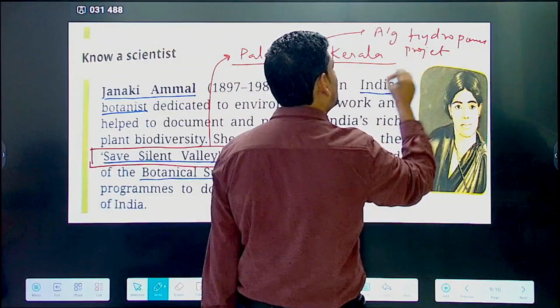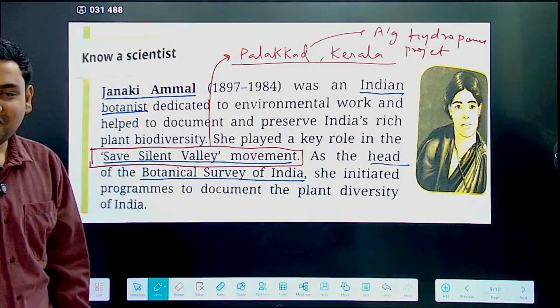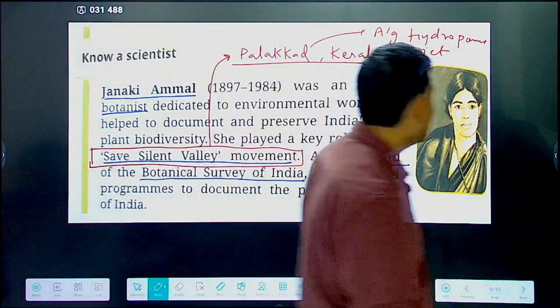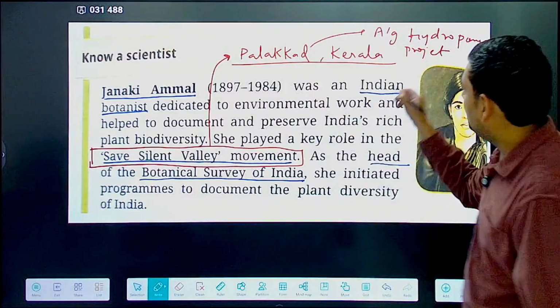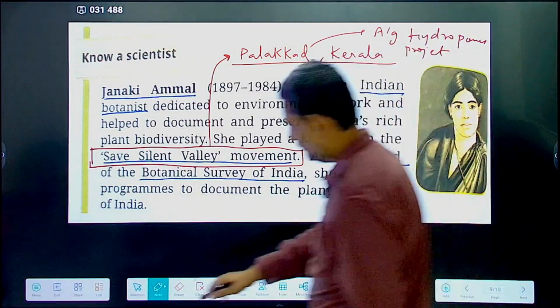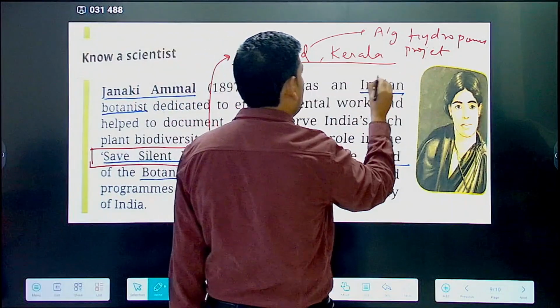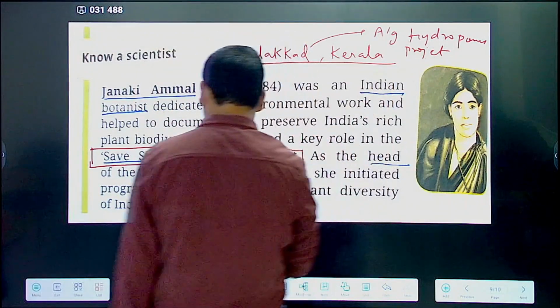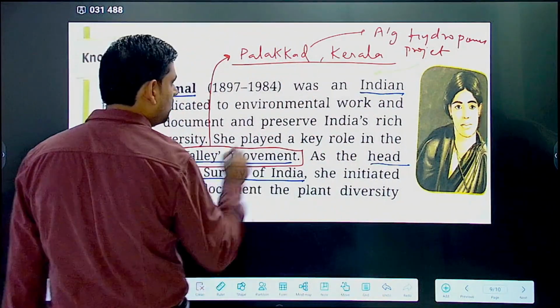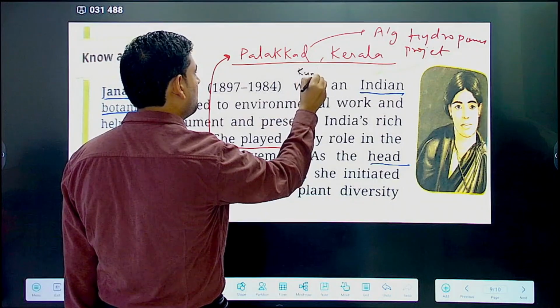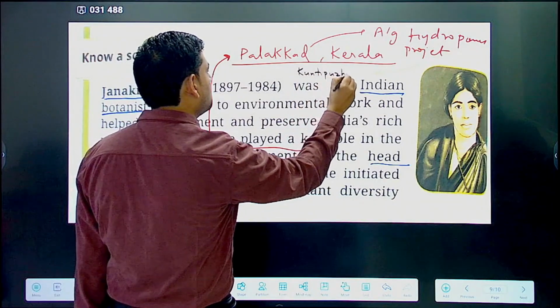Can you guess which river? If you have been to Kerala or if you are from Kerala, can you guess? Yes. So this was actually planned to be built on the Kunthipuzha river.